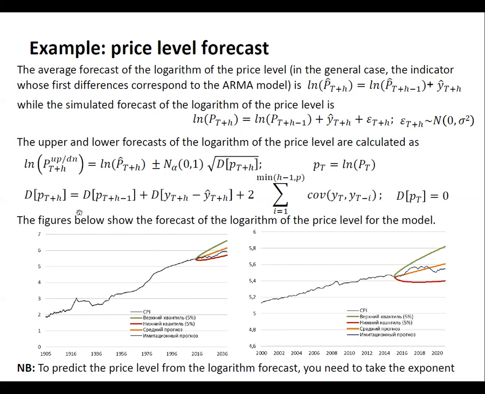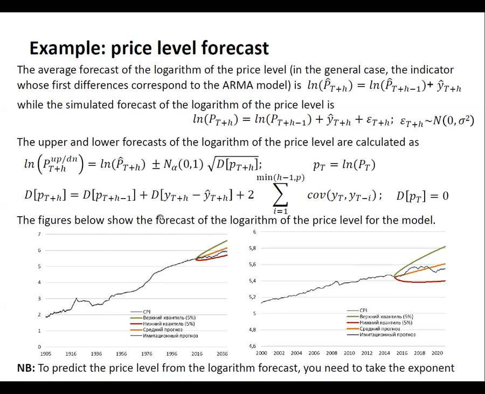If we build the forecast for one period, then h equals 1. If for two periods, then h equals 2, and so on. In this case, the variance of the logarithm of the price level is calculated using the following formula.